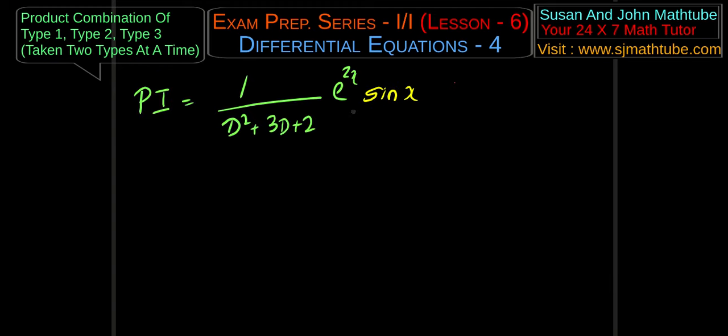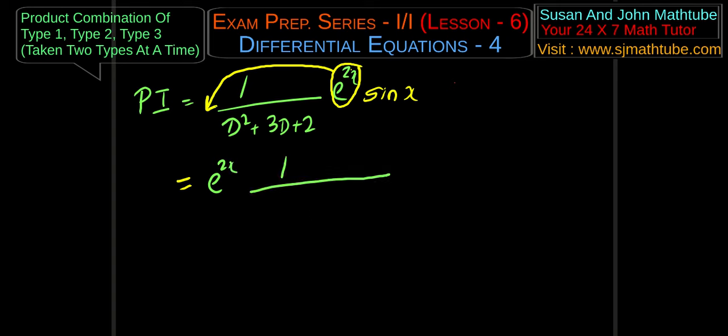Now look at this. Here what we do is we take this e to the power 2x and keep it outside the operator.